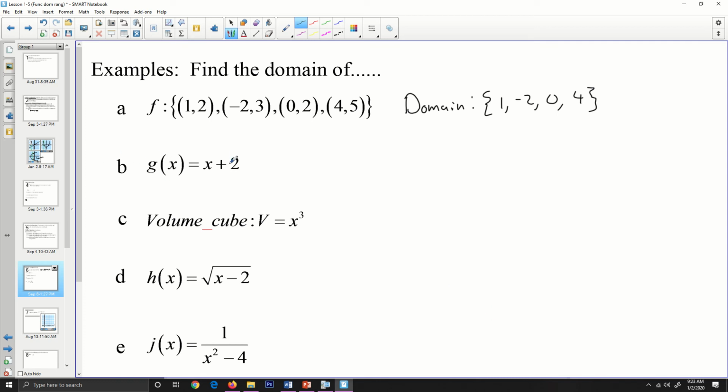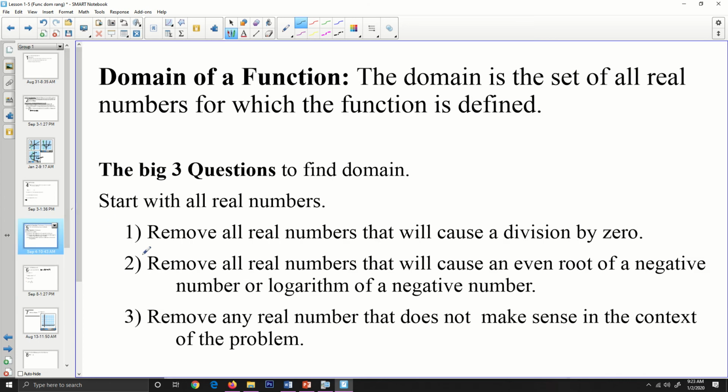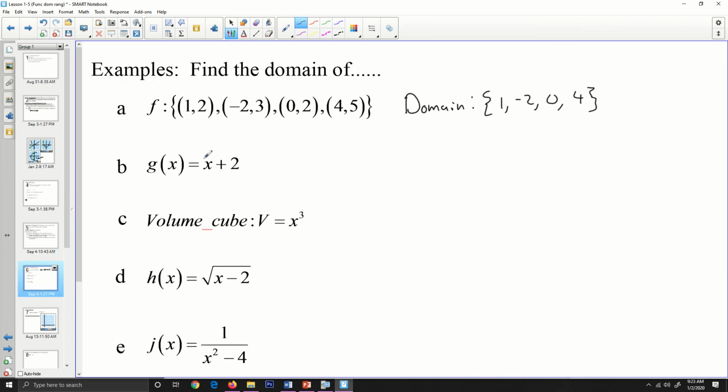If we talk about a linear equation, g of x is equal to x plus 2, let's go through the rules here because this is an easy one. We start with all real numbers, and we remove any number that will cause a division by 0. Well, if I look at this function, I have no x's in the denominator of a fraction, so I can't get a division by 0 that way.